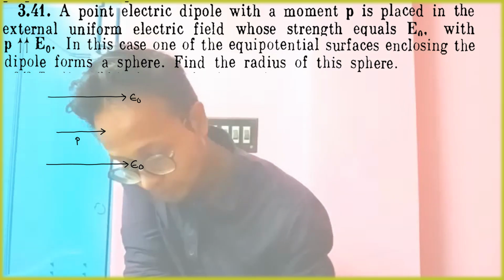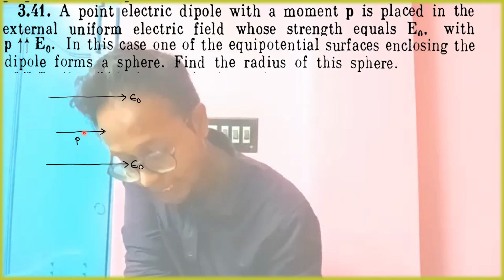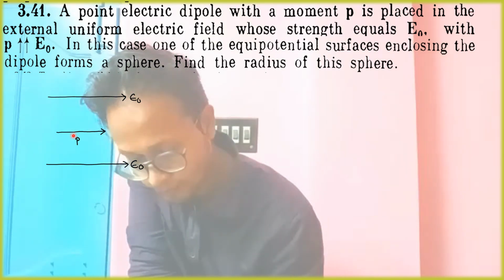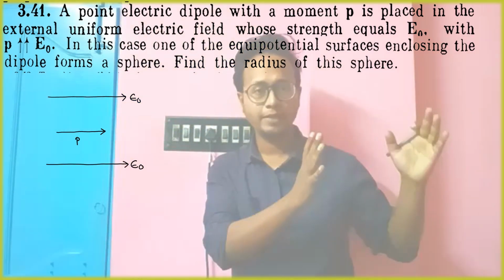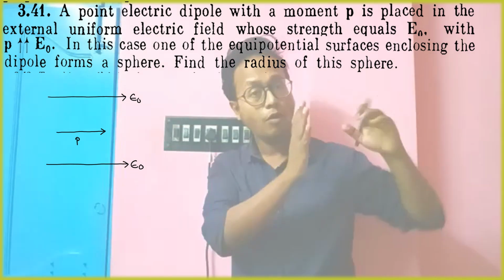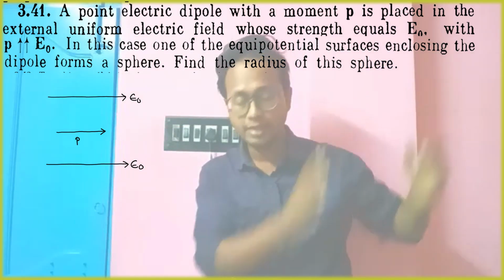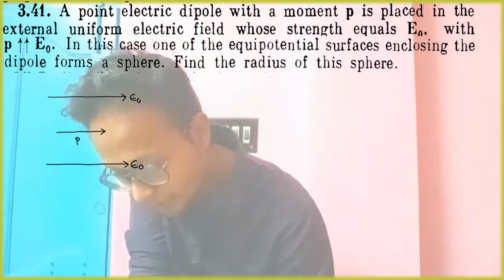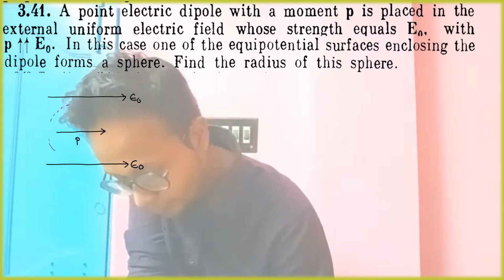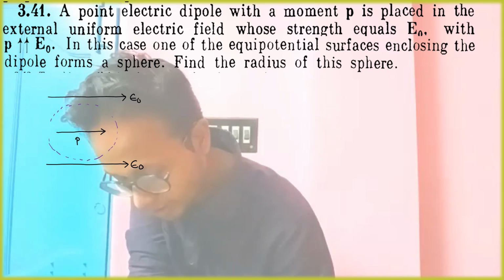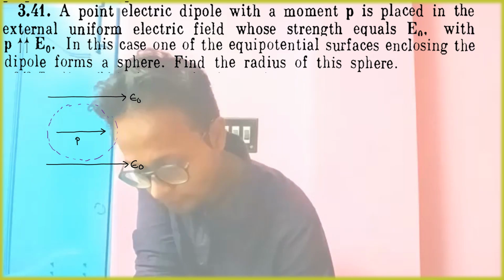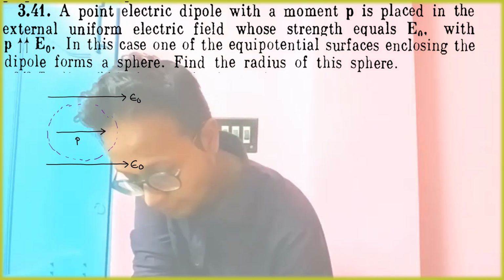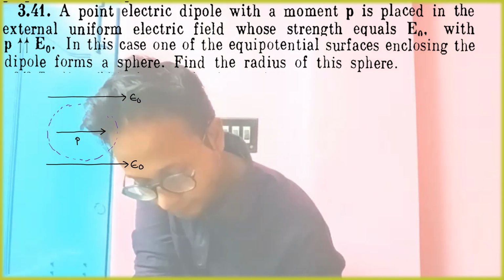Now, due to this external electric field and the electric field generated due to this dipole, there is some other combination of total electric field generated, and of that total generated electric field, the equipotential surface is given in the form of a sphere. This is the equipotential surface of the total electric field generated by the combination of external electric field and electric field generated due to a dipole. The question is asking, we have to find out the radius r of this sphere.